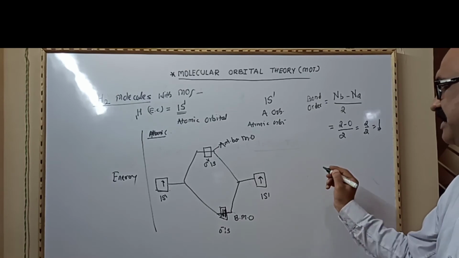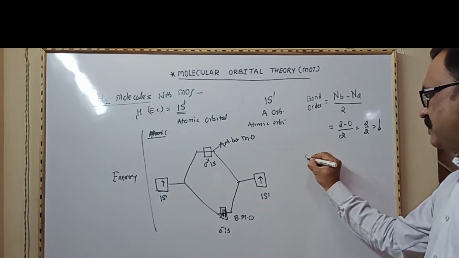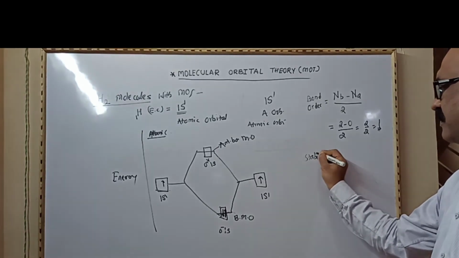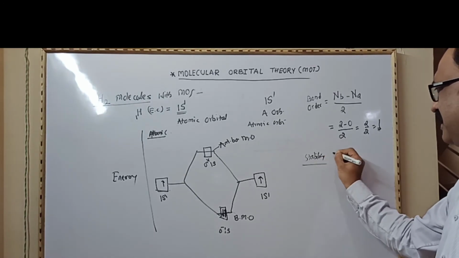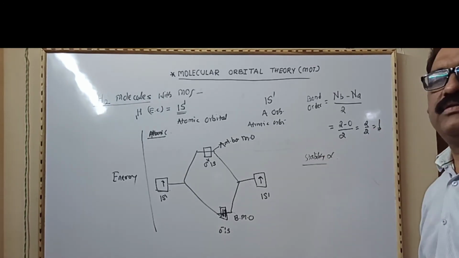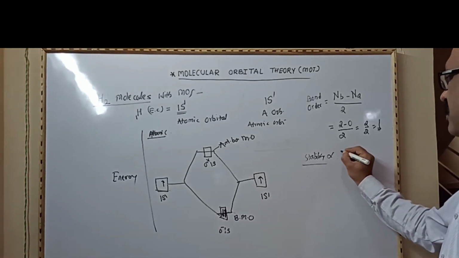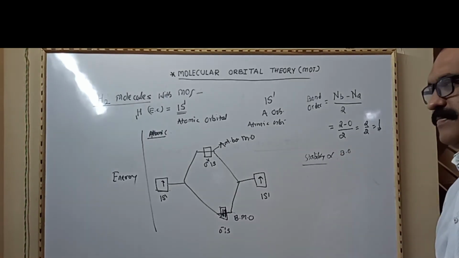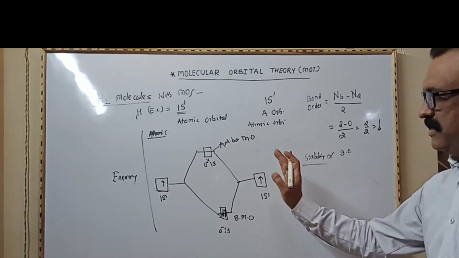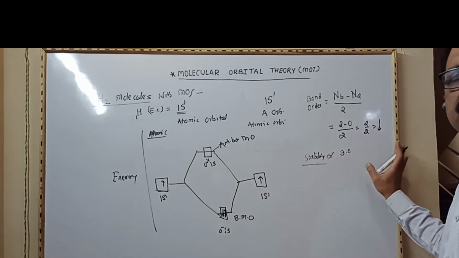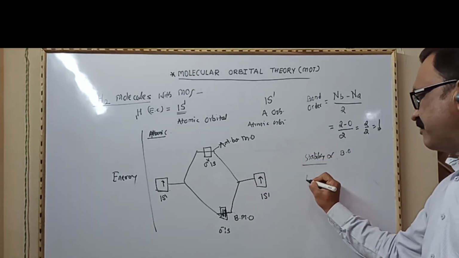Then bond stability, or stability of molecules. The stability is directly proportional to the bond order. Hence, the bond is stronger. Next, the magnetic property.